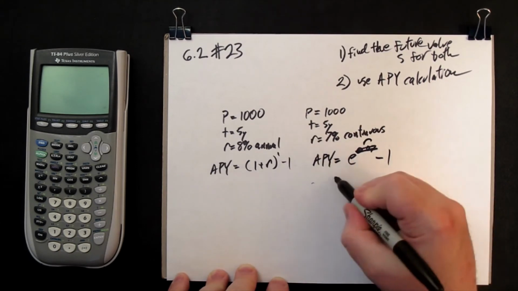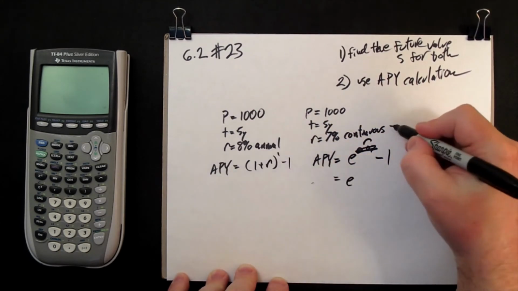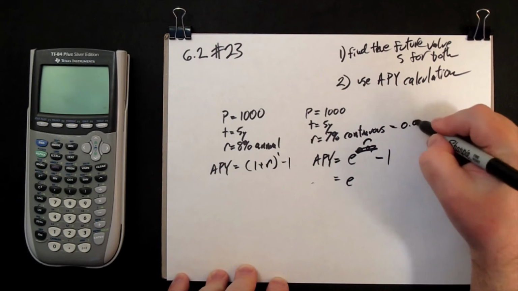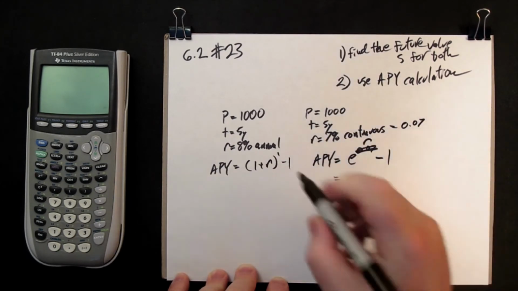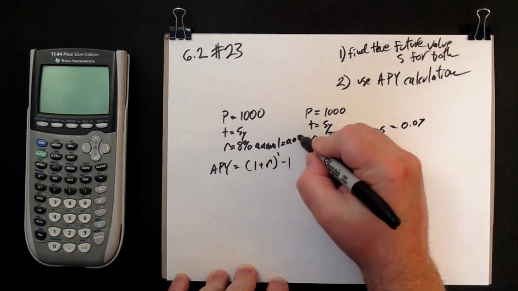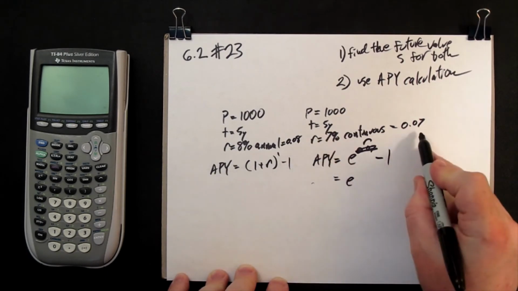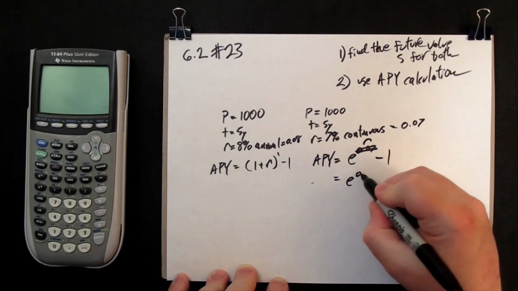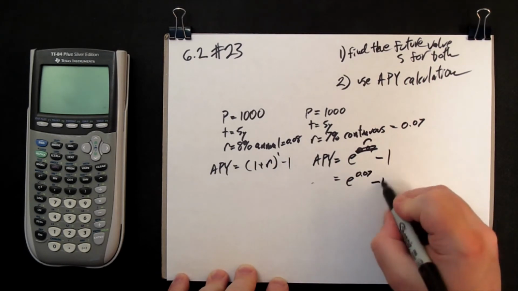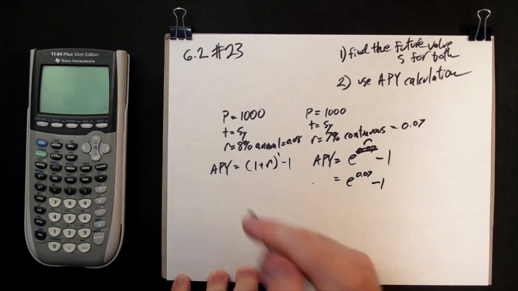So for this particular example, we have to write the interest rate as a decimal for both of these. The continuous compounding one with Euler's number is e to the 0.07 minus 1. We'll compute that in a second.